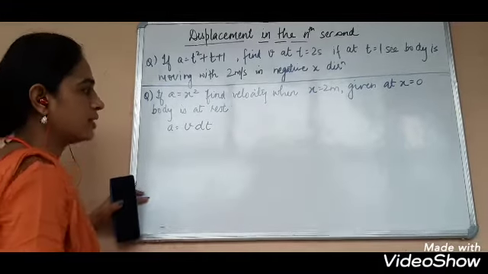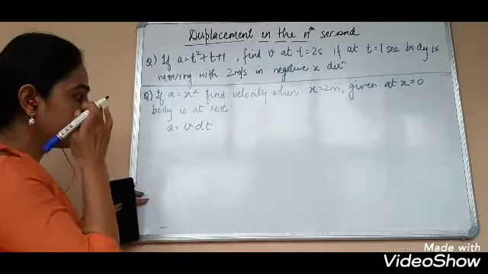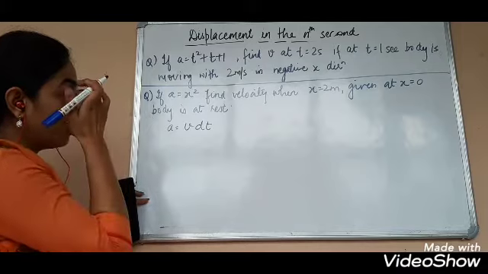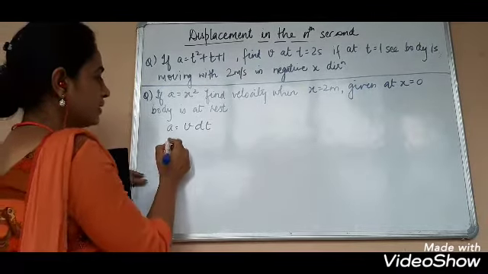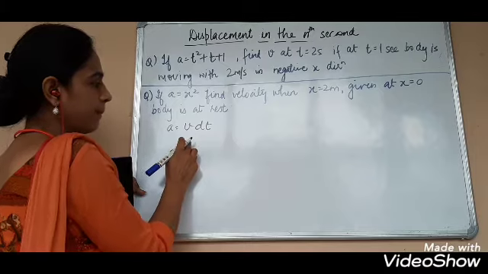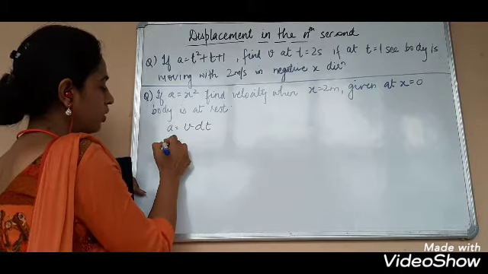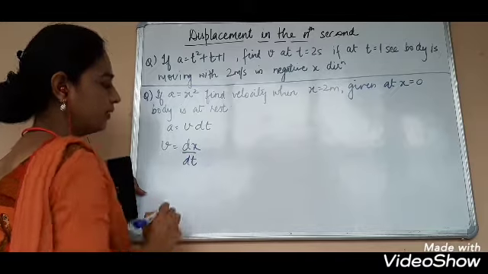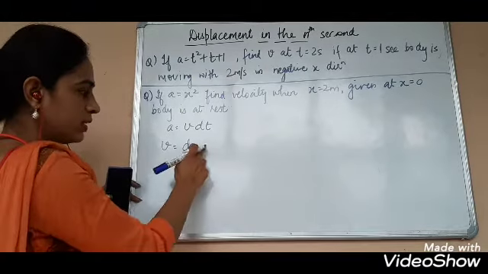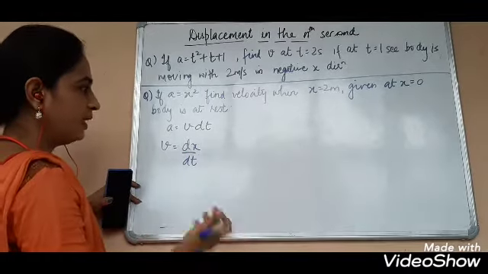We know this formula, acceleration is dv by dt. There's one more formula for acceleration. We know v is equal to dx by dt, right? You know velocity is ds by dt or dy by dt.